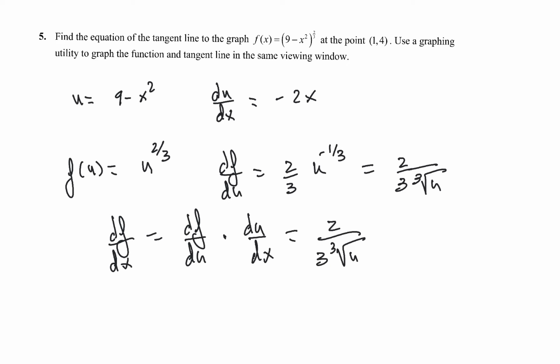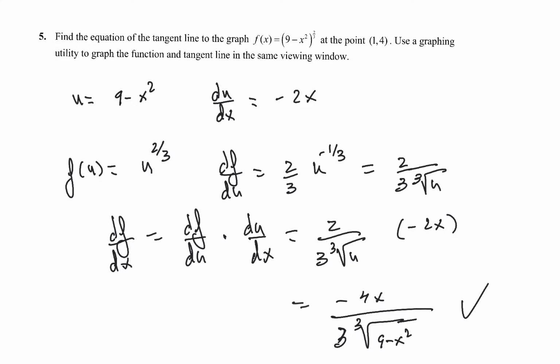And what is the derivative of u with respect to x? It is minus 2x. So doing a little bit of algebra, it will be minus 4x in the numerator and 3 times the cubic root of u. But u is 9 minus x squared. And now this is the final answer.